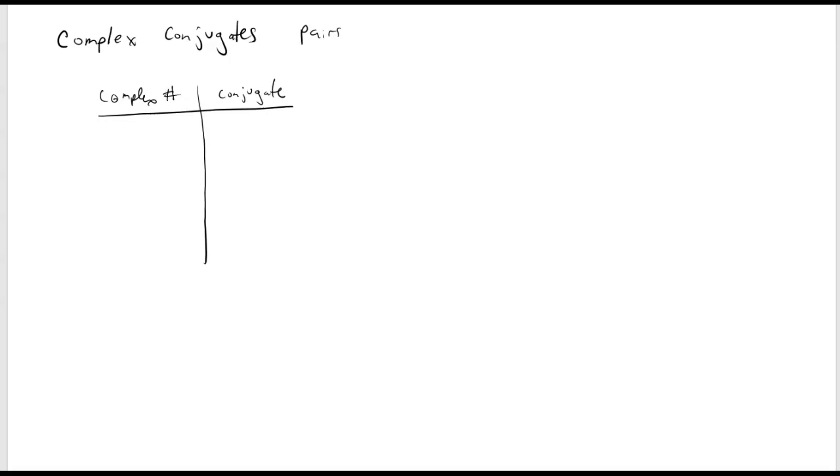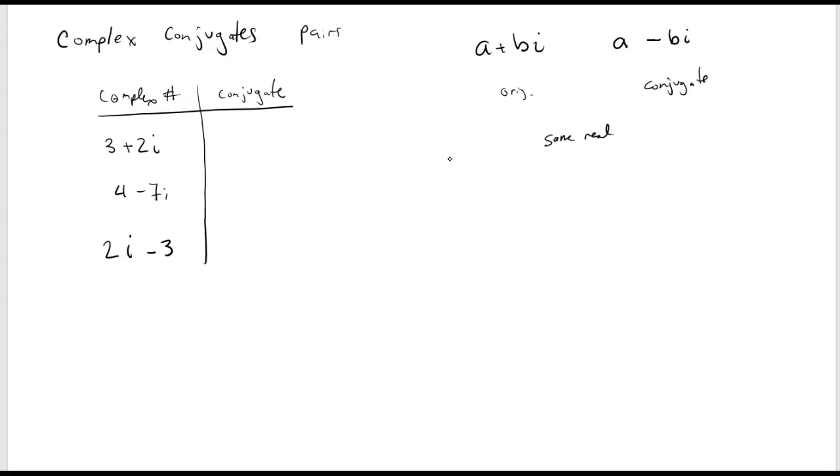And I'll put a couple up here. So we'll do 3 plus 2i, 4 minus 7i, and then I'm going to switch it up on this one, 2i minus 3. So when we're dealing with these complex conjugates, I have a plus bi. So here's our original. Our conjugate is going to have the same real number and then the opposite of the imaginary part, right? So same real and opposite imaginary.